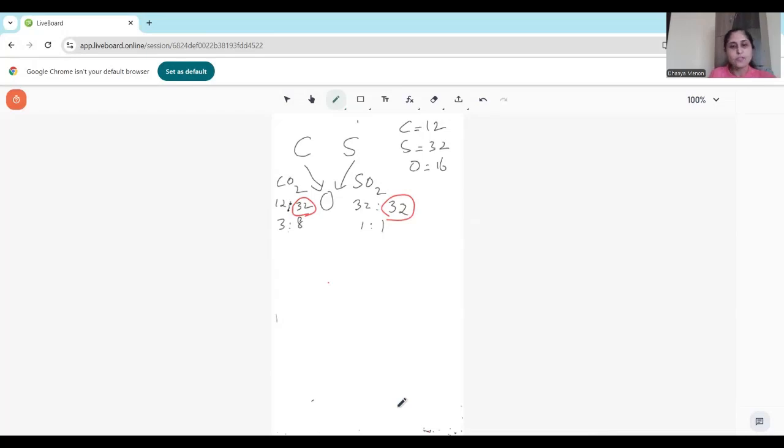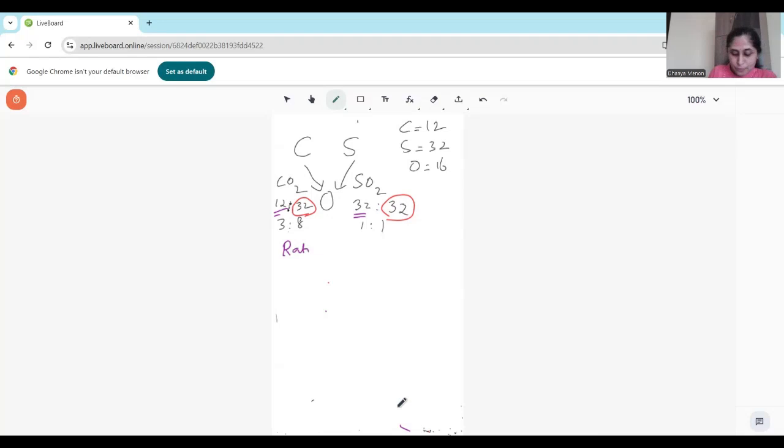So oxygen mass is fixed. It's 32, right? So when two elements are combining with the fixed mass of the third element, then the ratio in which they combine, so the ratio in which they combine is 12 and 32. Okay, so this is my first ratio.